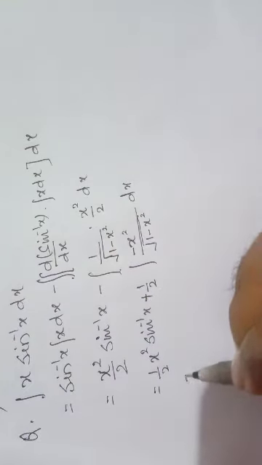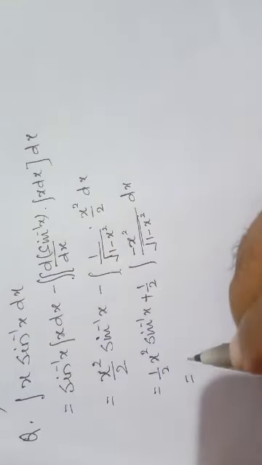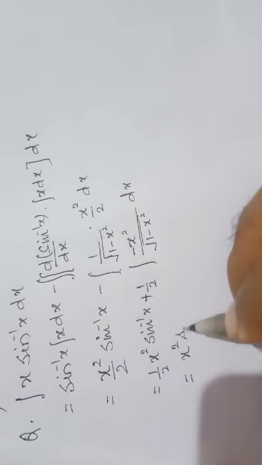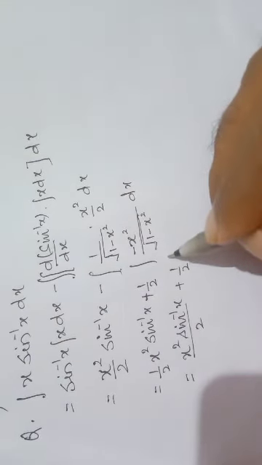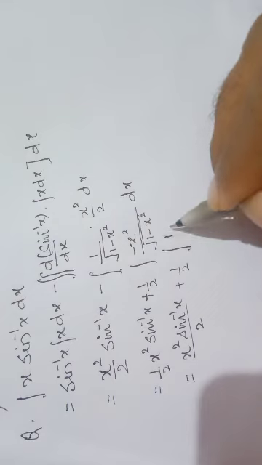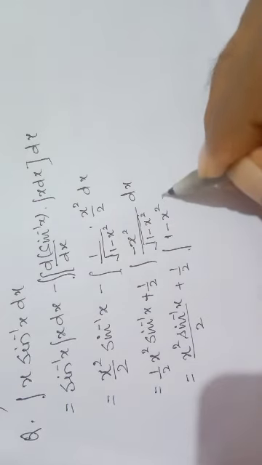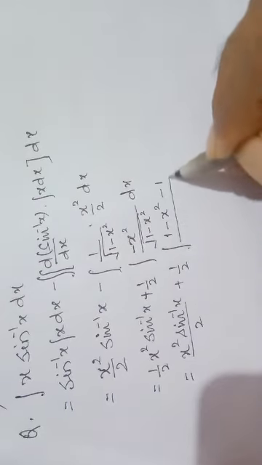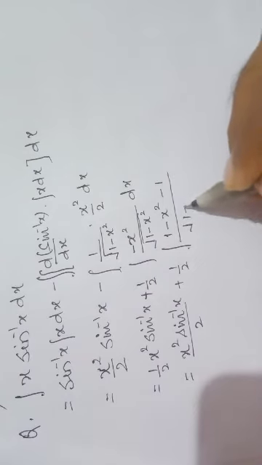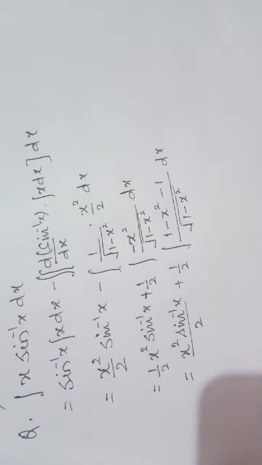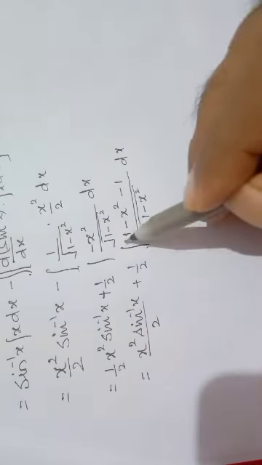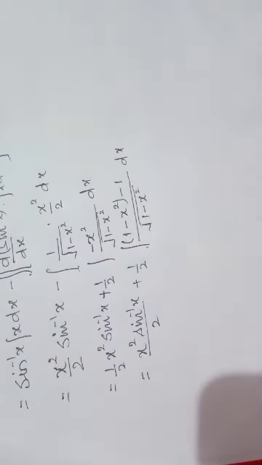In the next step we write x square sine inverse x by 2 plus 1 by 2, integration of x square upon under root 1 minus x square dx. Now see, this is another method I am proceeding.